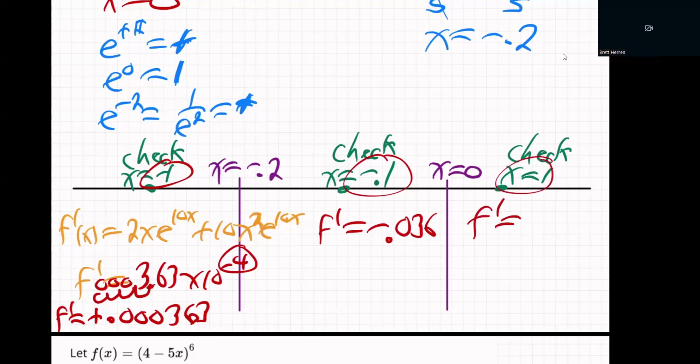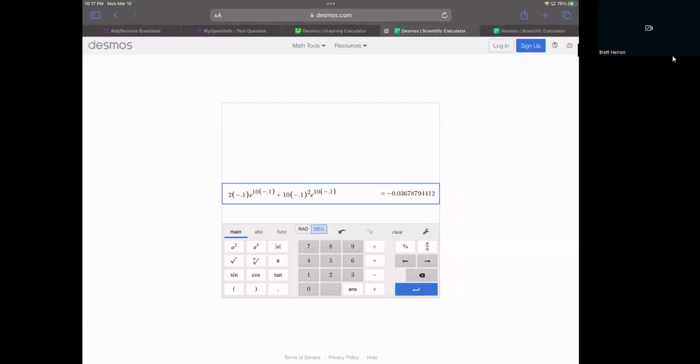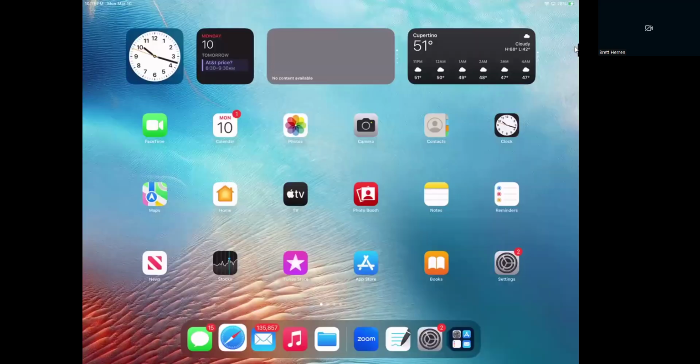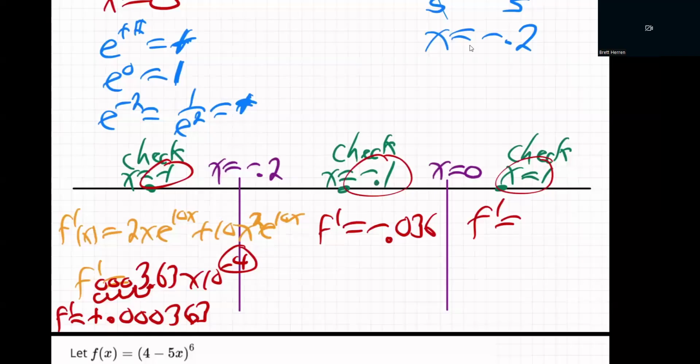And finally, x equals +1. Let's plug in +1. All those have to become +1. Here we go. 264,317. That's big. It's positive.